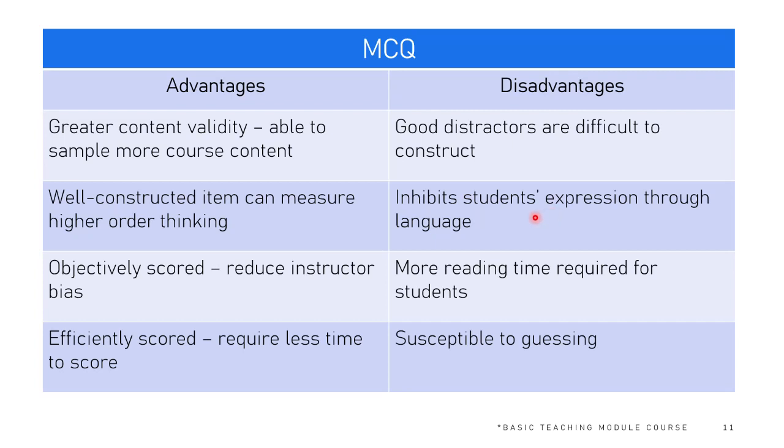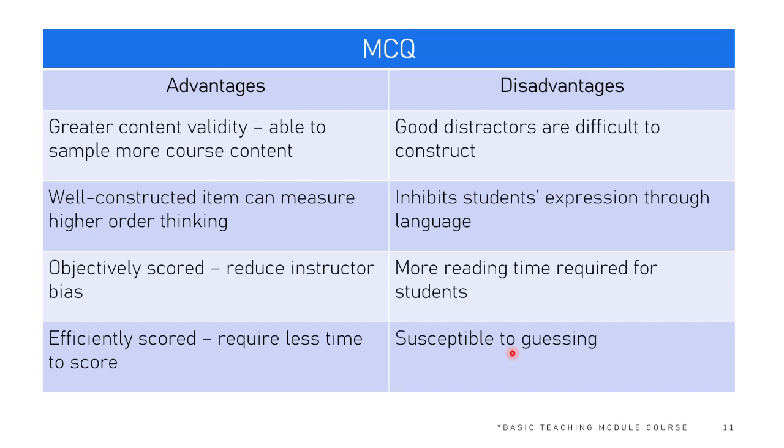So MCQ usually tests students' understanding as well as choosing. It doesn't test certain skills such as writing or expressing through language. MCQ questions require more time to read, so if you have long MCQ questions, you have to consider whether the time given to students is enough or not. And the last one is the risk that students might get it correct by chance, a 25% chance.